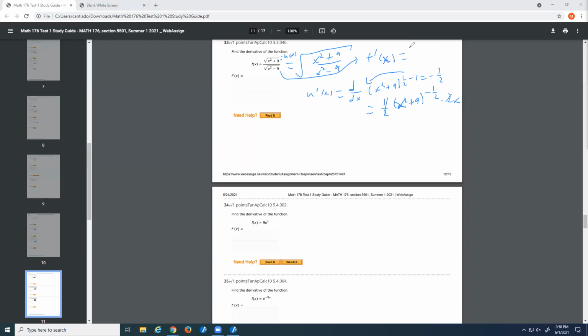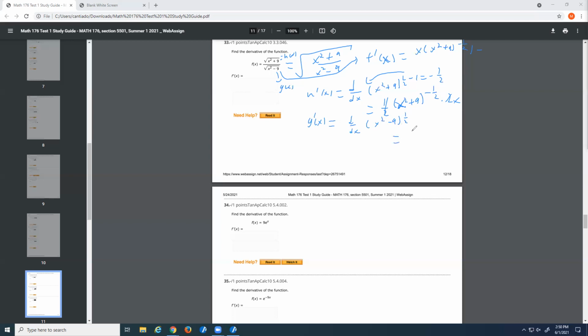All right, so we'll have x times (x squared + 9) to the minus 1/2 minus, and then the derivative of the bottom. The derivative of the bottom is going to be similar. If we let this be g of x, g prime of x is d by dx of (x squared - 9) to the 1/2.